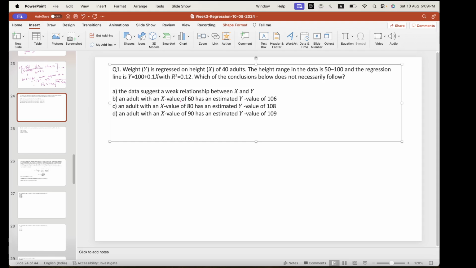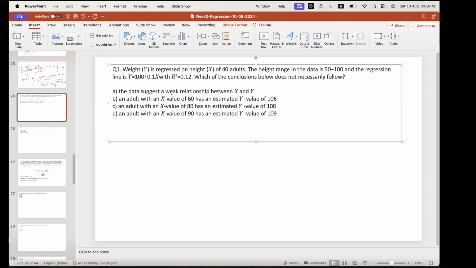It may very well be possible that x and y could have some other form, maybe some quadratic relationship or some cubic relationship may exist between x and y. Okay, so since they've not mentioned here linear, this doesn't necessarily follow.